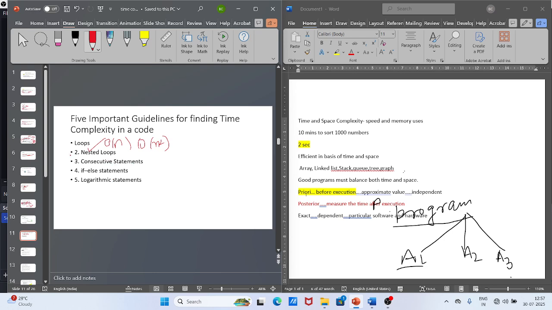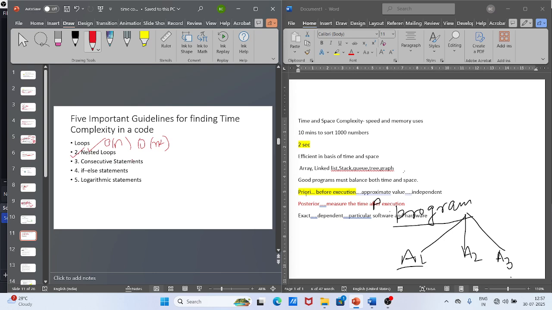Next one is nested loop. We already know what a nested loop is. When one loop is under another loop, then this is a nested loop. So multiply the complexities. One loop inside another.